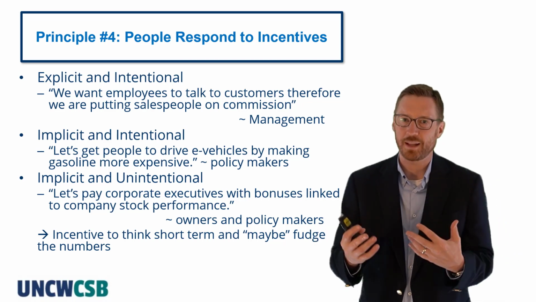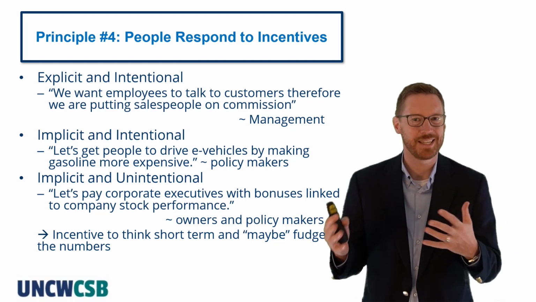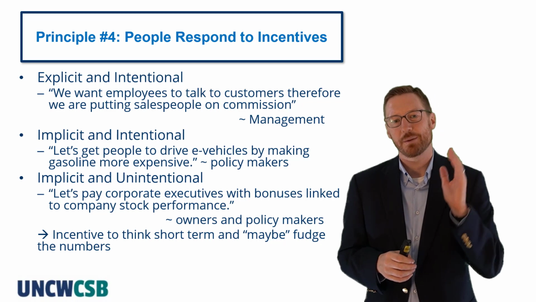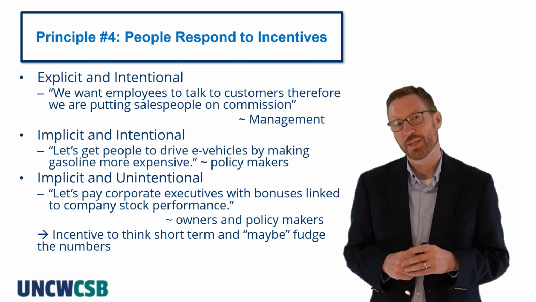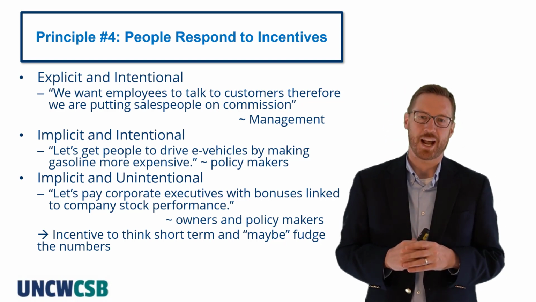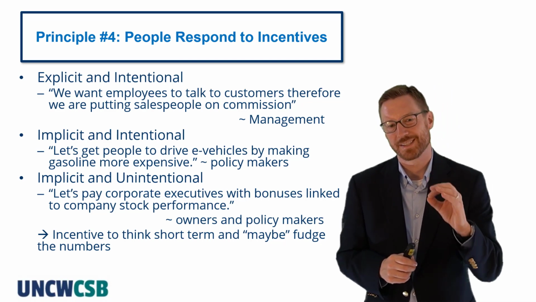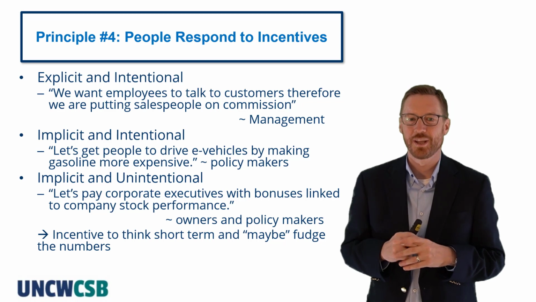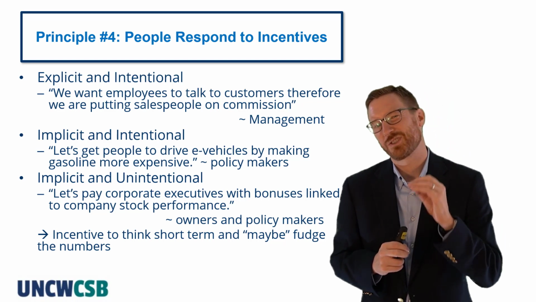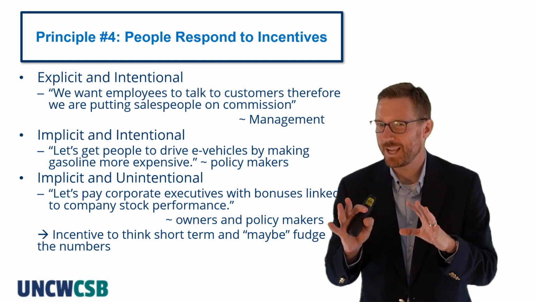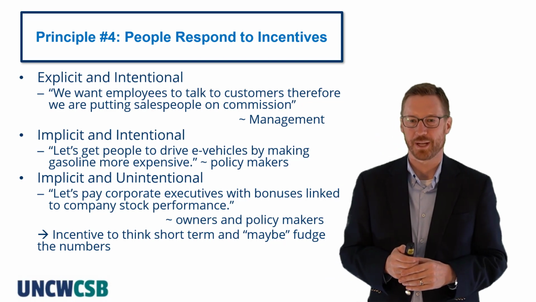So owners and policymakers back in, say, the 1990s decided to pay corporate executives with bonuses linked to company stock performance. Turned out that this was an implicit and unintentional incentive for managers to think short term and maybe fudge the numbers a little bit.